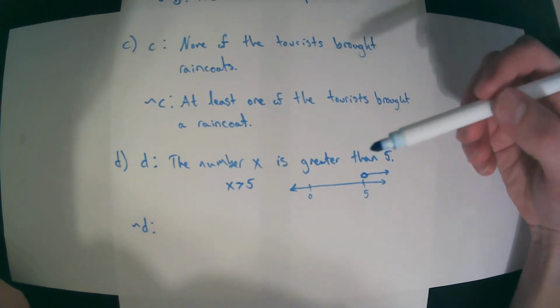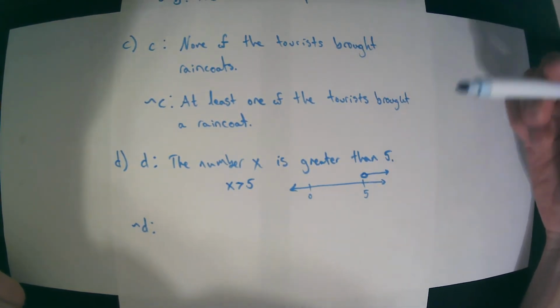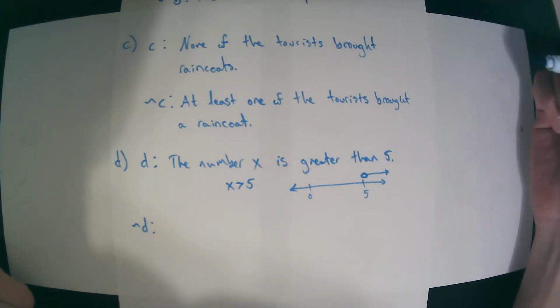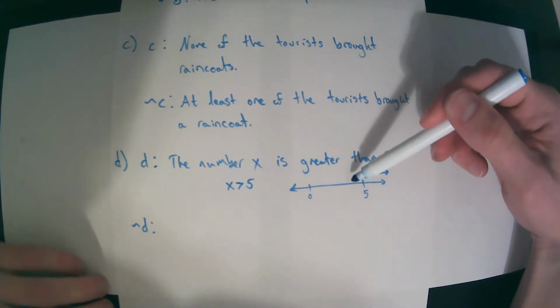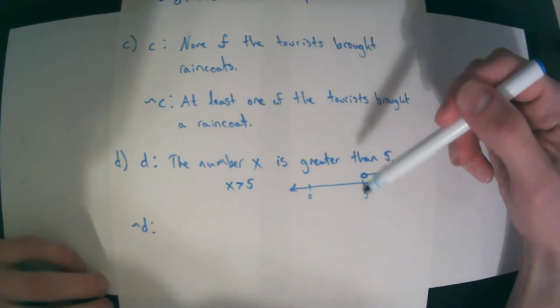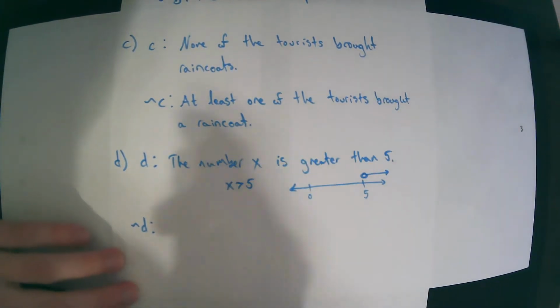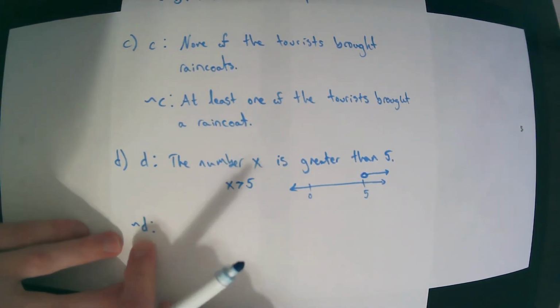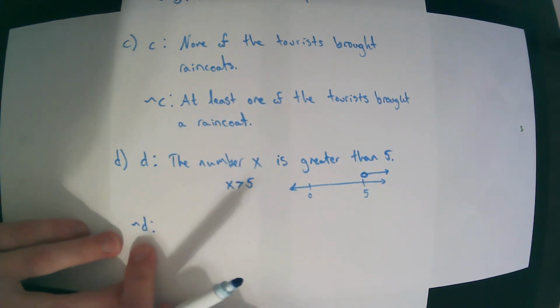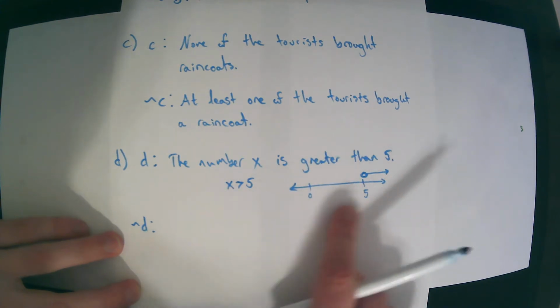But that's not fully complete and correct, because there are many numbers that are the opposite of being bigger than 5. There is 0, there's 4, there's all the negative numbers, there's fractional numbers in here, right? There's infinitely many. So your negation should be complete, right? It can't just be true for one piece of the data, right?